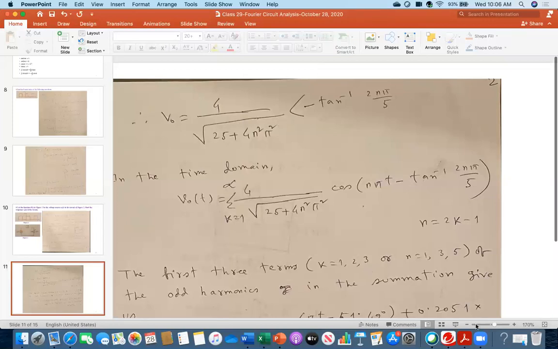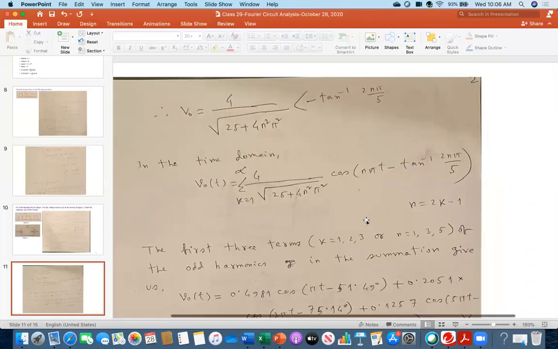Now everybody see, now I am converting into the time domain. Think about the phasor algebra. Like you got 10 at an angle of 10 degrees. Then what do you write? You write 10 cosine of omega t, then a plus or minus angle. The same thing I am writing. In the time domain, V naught(t) is that magnitude times cosine of n pi t minus that angle, and then the sum from k equals 1 to infinity.